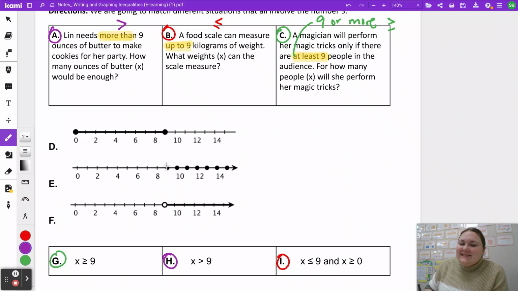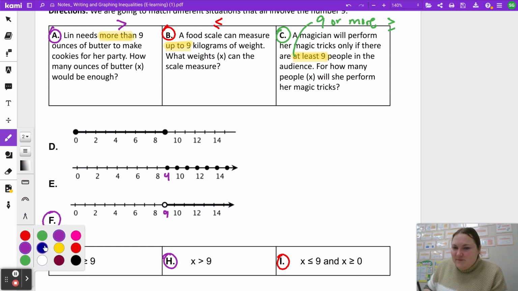I see E has a closed circle at the number 9, and F has an open circle at the number 9. We said earlier more than 9 means 9 is not okay. We only want numbers greater, so I do not include 9, and that means it goes with F.